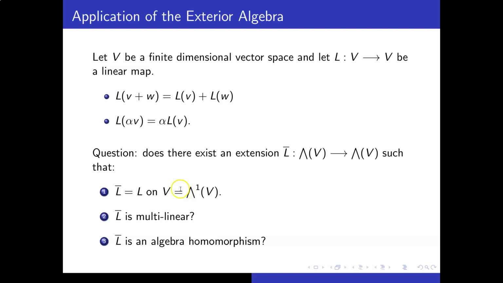So it should do the same thing to V that L does when I think of V as that first exterior power. Now, L is linear. This is a wild vector space. I don't want to keep linearity so much. I want multilinearity. Okay, so again, I want it to be linear in each variable. And can I make it into an algebra homomorphism? Because that's the nice kind of map on an algebra.